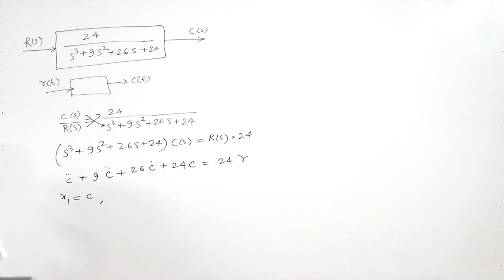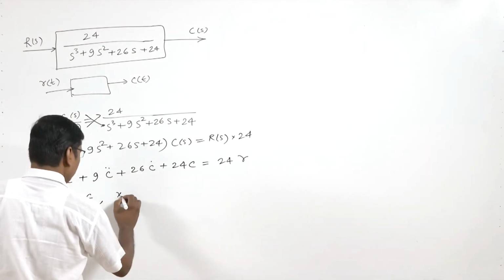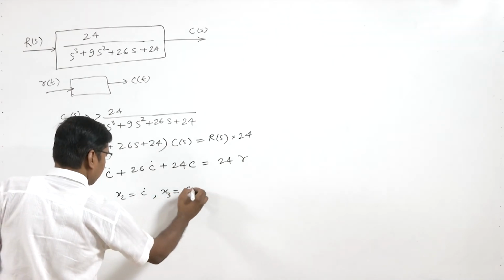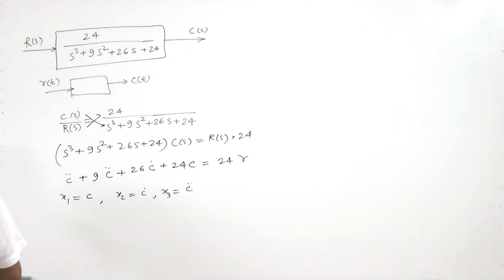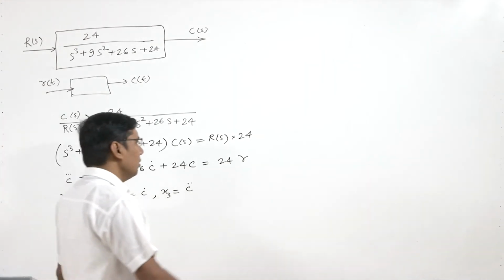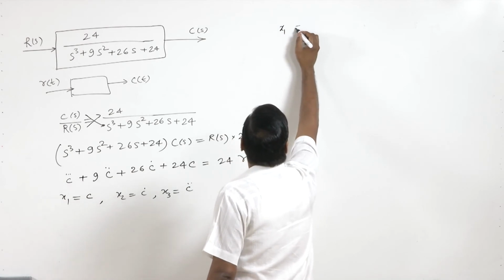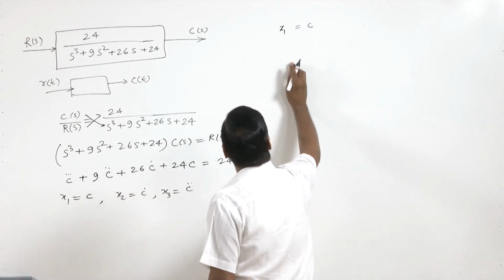So x1 equal to c, and then x2 equal to c dot, and x3 equal to c double dot.